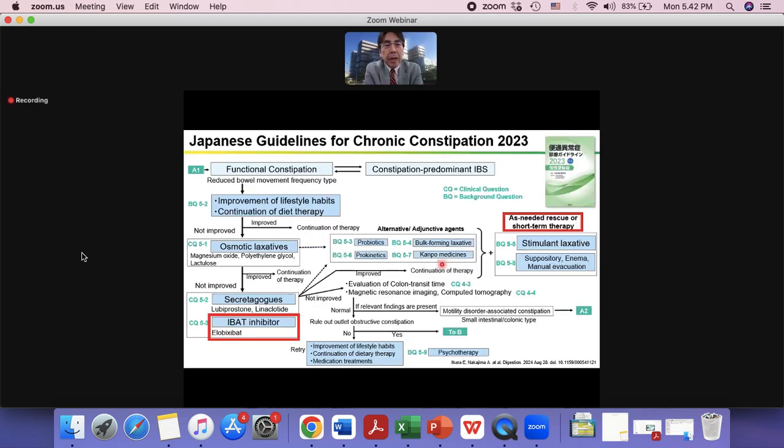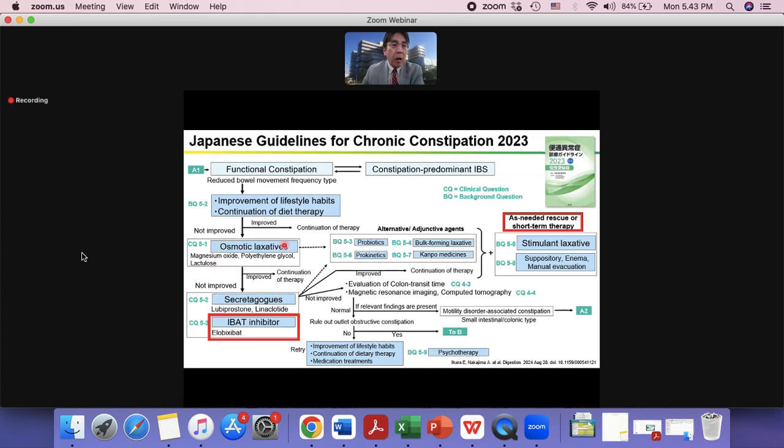Last year, the revised Japanese guideline for chronic constipation was published. The first was published in 2017, and the second last year. As you can see here, the Japanese guideline recommends as first line osmotic laxatives such as magnesium oxide, PEG or lactulose.